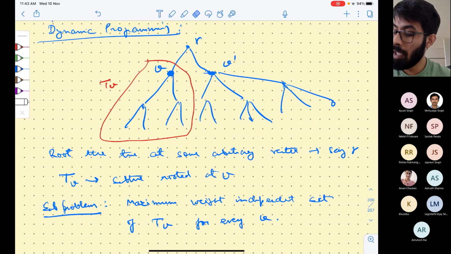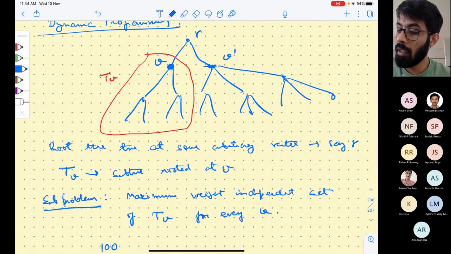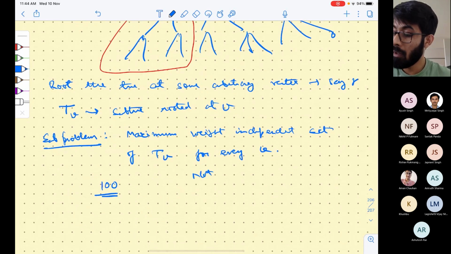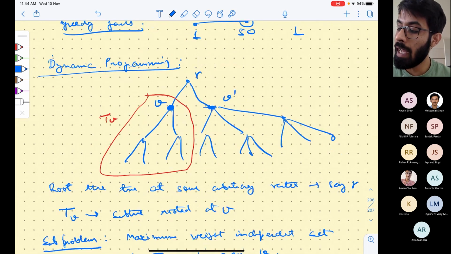Suppose the maximum weight independent set including V had weight 100, and suppose 99 does not include V. Suppose R has some weight, like again 100.